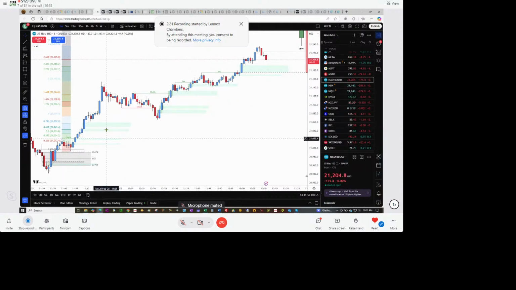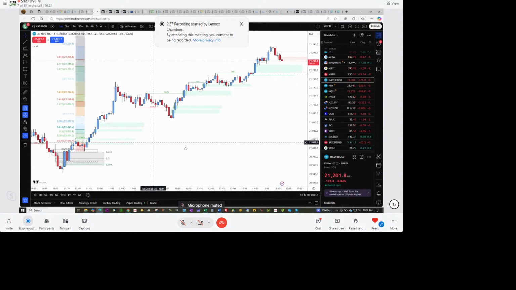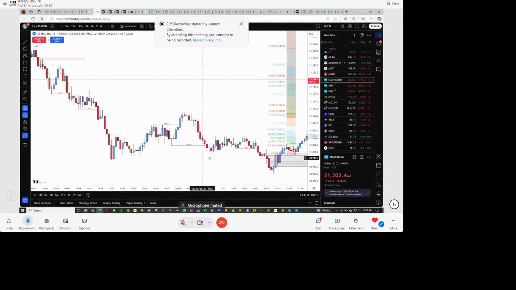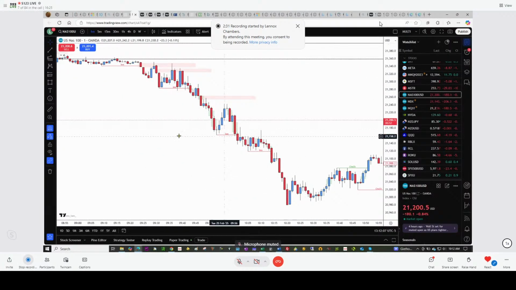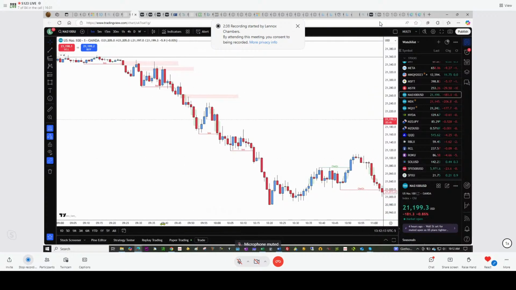Looking at the NAS, quite the run currently to the upside. We had quite the moves to the downside previous to this run. So we've been going down most of the time this morning since the open was over here at 9:30. 9:30 is here.